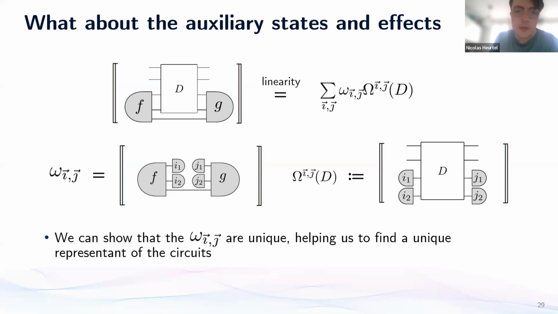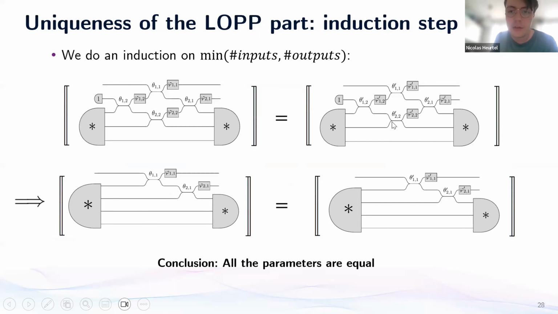Yes, exactly. I should have specified earlier that I hid some things, so you're perfectly right. In fact, there is a condition on D, and the condition is that you have non-zero angles on the beam splitters. For instance, earlier, if you have a circuit like that and you have a 0 on theta 2, then you can remove one identity wire.